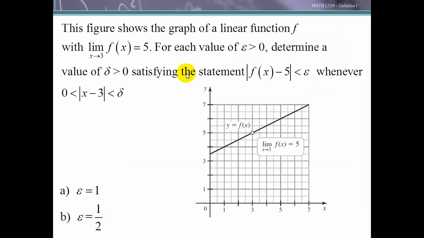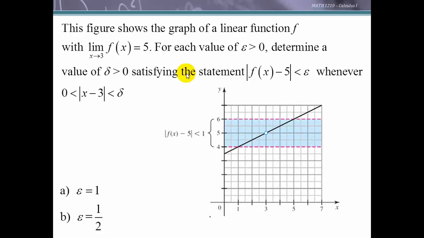So here, if we look at this figure and we say the limit as x approaches 3 of f of x equals 5, then for every epsilon greater than 0 we would be able to find a delta so that the distance from f of x to 5 is less than epsilon whenever |x - 3| is less than delta.